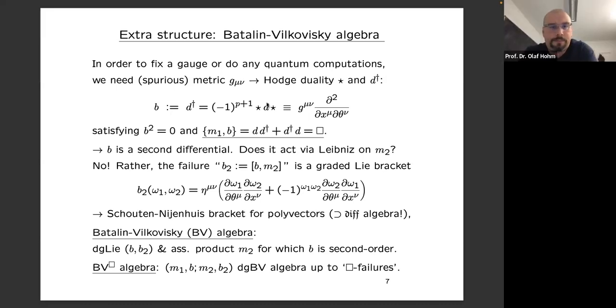For instance, if you want to define the propagator, it's basically B over box. So in Chern-Simons theory, you know, the propagator is something like D dagger over delta or box, the Laplace operator, the d'Alembert operator. And so in order to write that, of course, we need this extra structure, which normally you just say you pick a metric and then you write it.